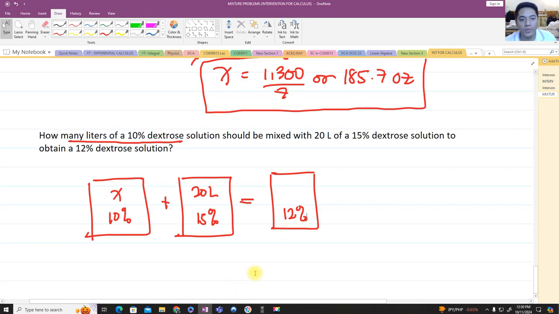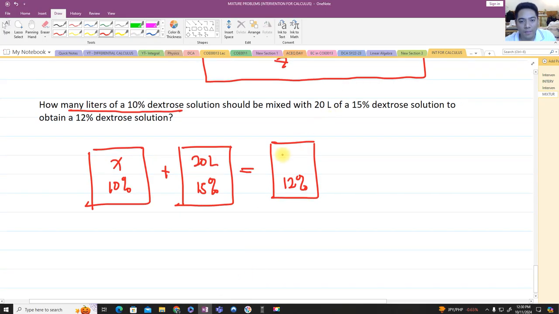So we know that would be the amount of the 10% plus the amount of 15%. That would be the total amount of the mixture.